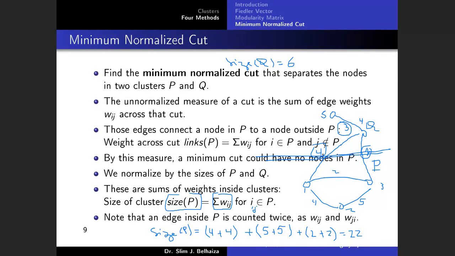Across the cut that separates the 2 clusters, P and Q, the sum of the weights is 1 plus 4. It's the sum of the weights on the 2 edges from 3 to 4 and from 1 to 4. It's 1 plus 4, which is 5. Okay? Got it?